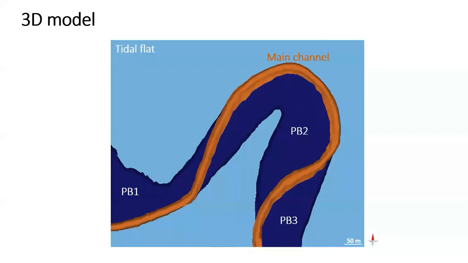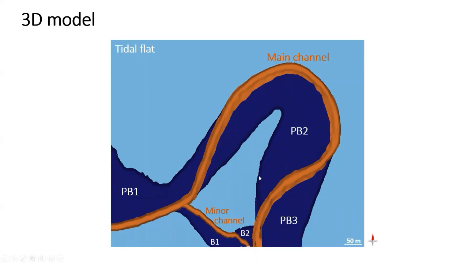In this way, we identified a main channel here in orange, which forms three meanders and related point bars, called point bar 1, point bar 2 and point bar 3. You can see that only point bar 2 is entirely visible and reconstructed from this study. Then we also reconstructed a minor channel system with the minor channel still in orange and two bank attached bars.